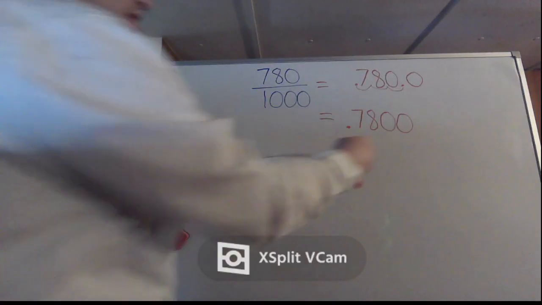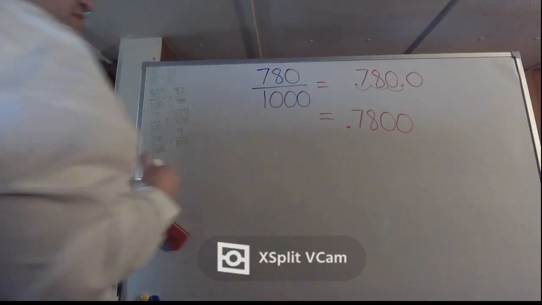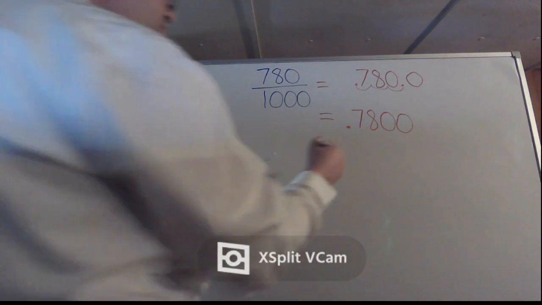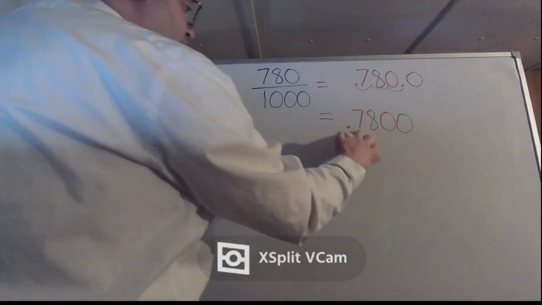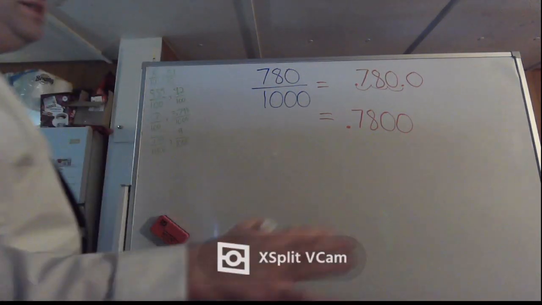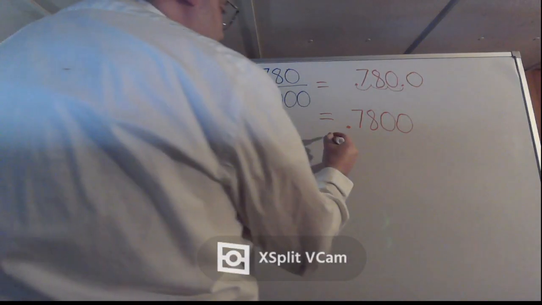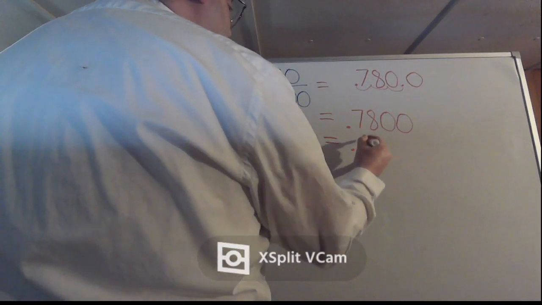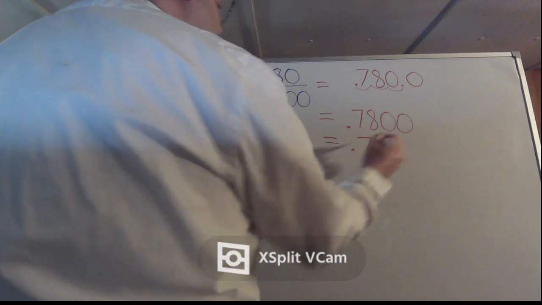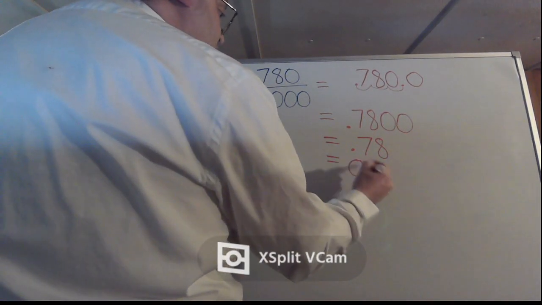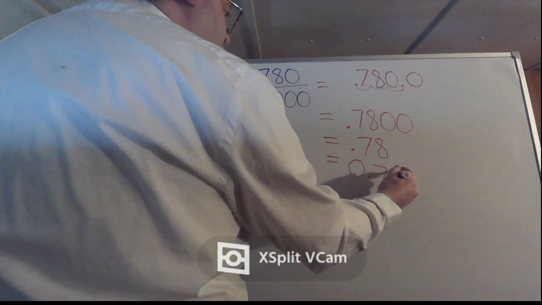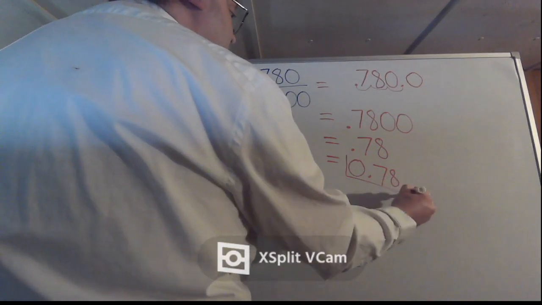We really don't need the 0 in the thousandths or the 10,000ths place, so we could truncate those 2 zeros. If we have normal numbers, then we have zeros after it, you can always truncate those zeros. So you'll end up having 0.78, which means you have a 0 in the ones place to the left of the decimal. So the decimal form would be 0.78.